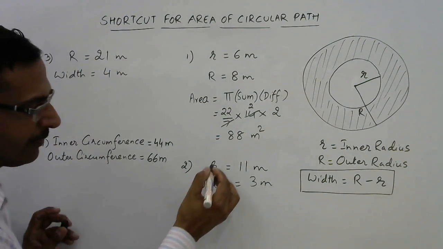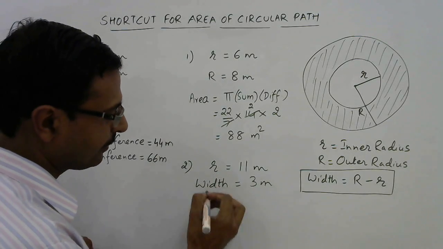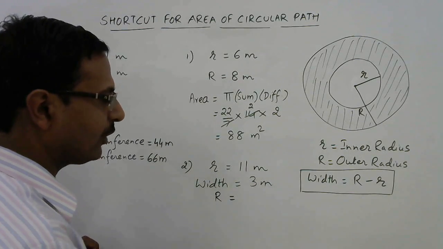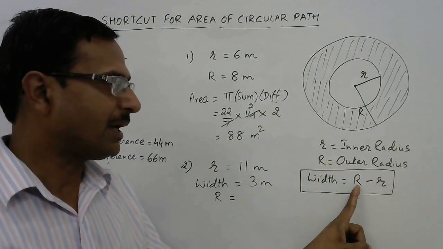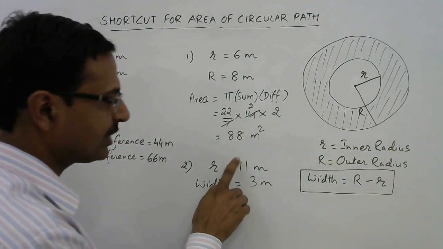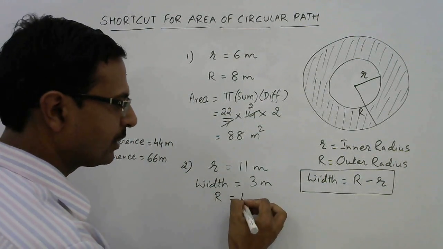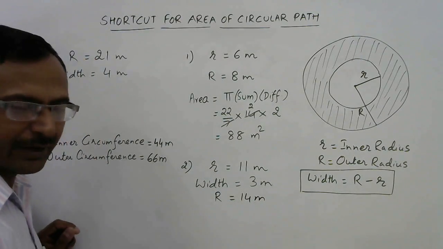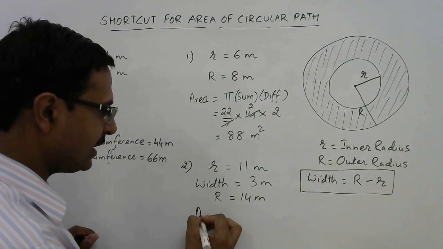Look here, we have small r and the width. So you need to know the value of capital R. Capital R will be width plus small r. So width plus small r is 14 meters, and now you can find the area very easily using the same method.